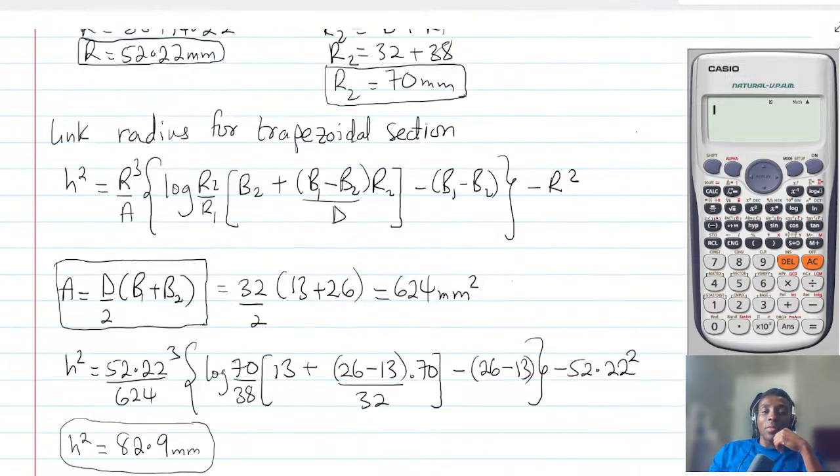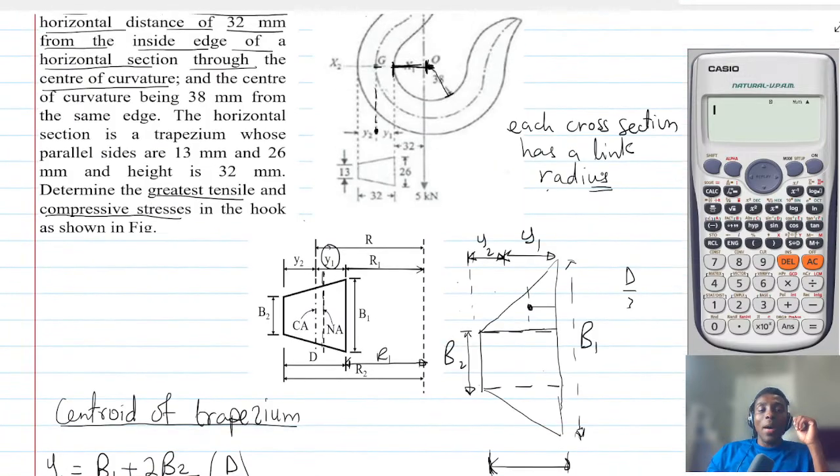Let me go over this again. If you go back to the diagram, y1 is moving inside, and y2 is outside, because this is the neutral axis. As a way to memorize it, y1 is negated and y2 is positive. That's all.